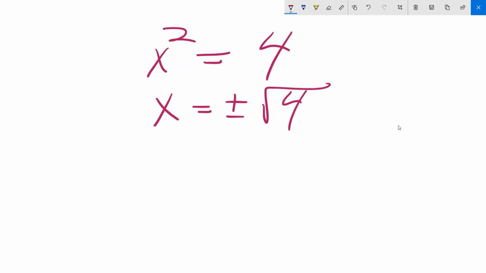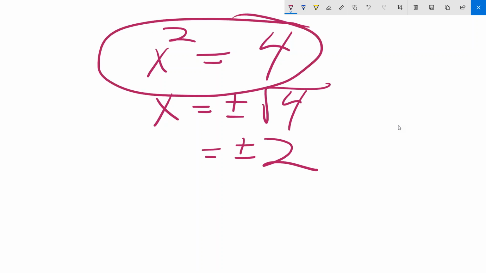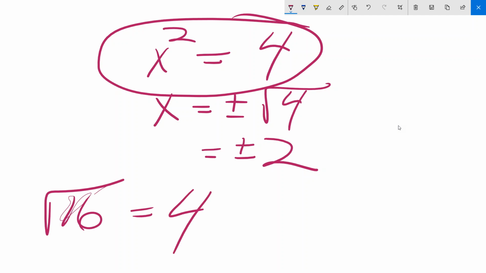Which is plus or minus 2. So if you are solving an equation, by taking the square root of both sides, always begin your answer with the words plus or minus, because that's correct. However, if I'm writing radical 16, that's equal to 4, not plus or minus 4.